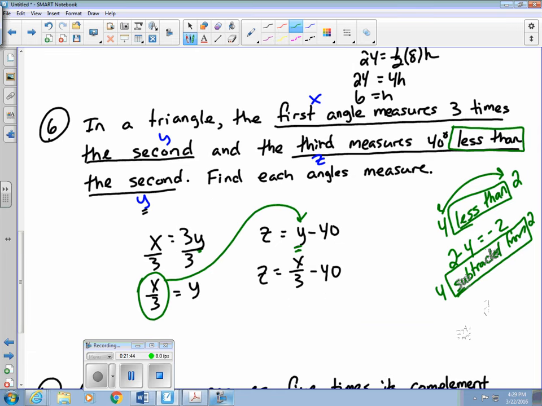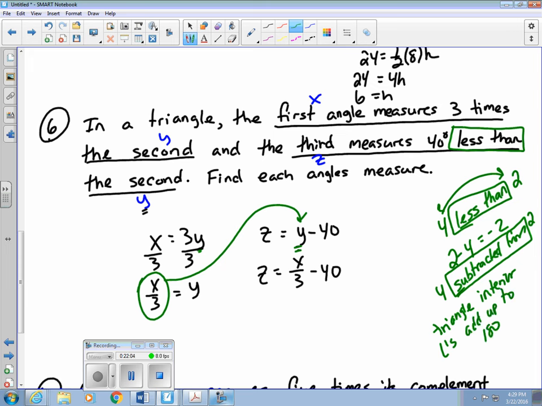Now, in order to solve this, you're going to have to understand that the sum of a triangle's interior angles add up to 180. That's the key to this problem.